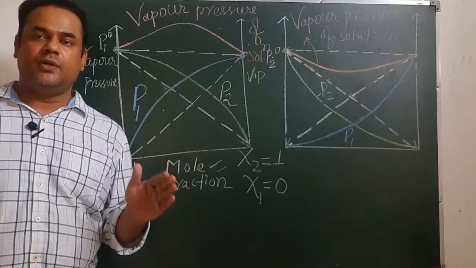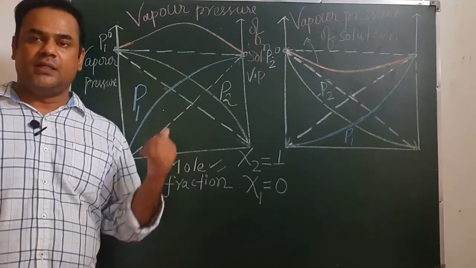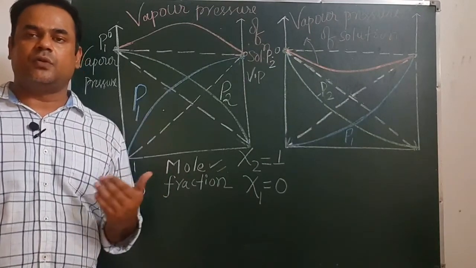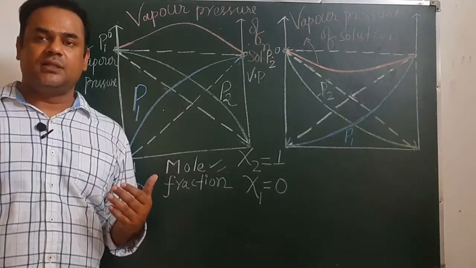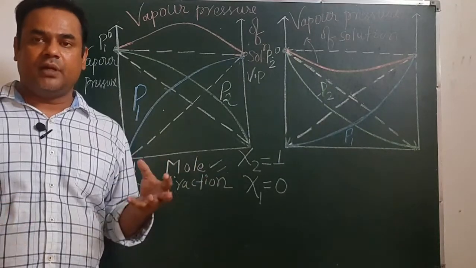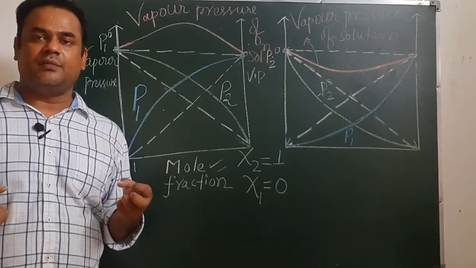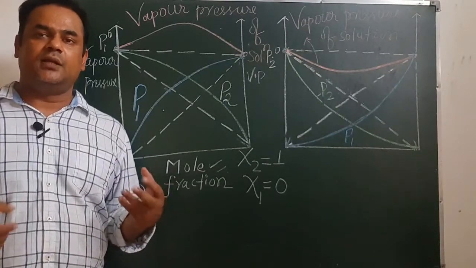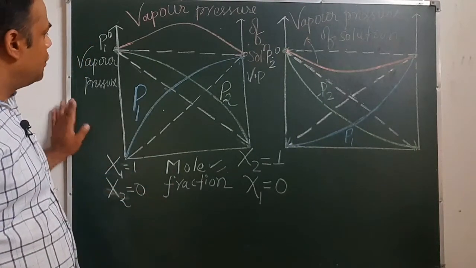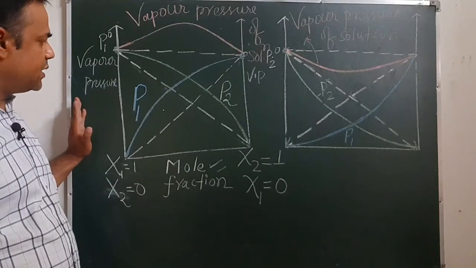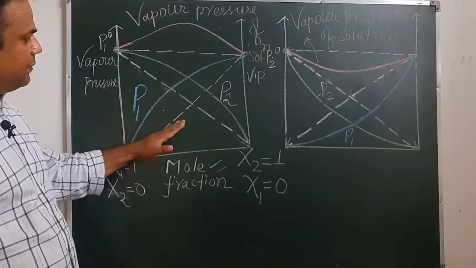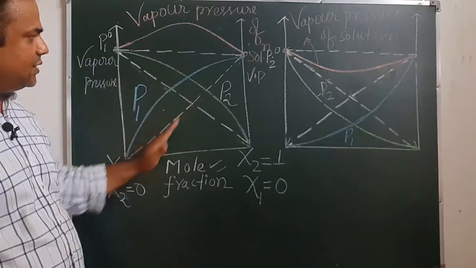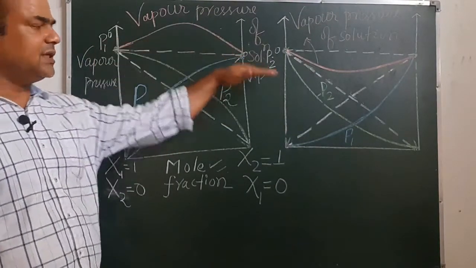Ideal condition means solute-solute interaction is same as solute-solvent interaction is same as solvent-solvent interaction. Means whatever type of intermolecular forces are acting between the solvent molecules, the same kind is acting between solute also and solute-solvent also. So if it is ideal, then we get this kind of graph, a straight line, this one also a straight line, this one also a straight line.